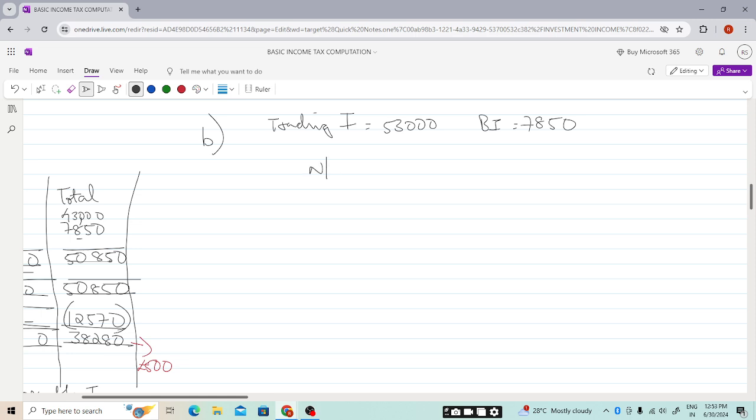So non-saving income, saving income, dividend income and total. Trading income will come under the head of non-saving income, that is 53,000. So the total of this is 53,000. Bank interest will come under the head of saving income, 7,850. Then dividend, no information.